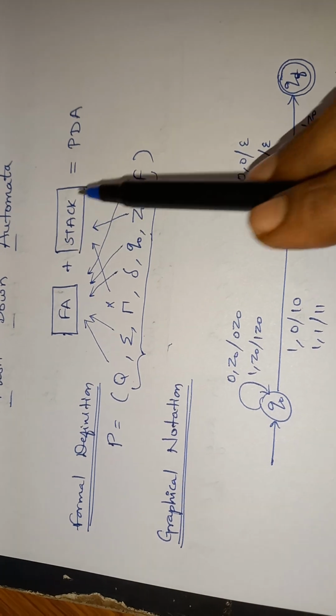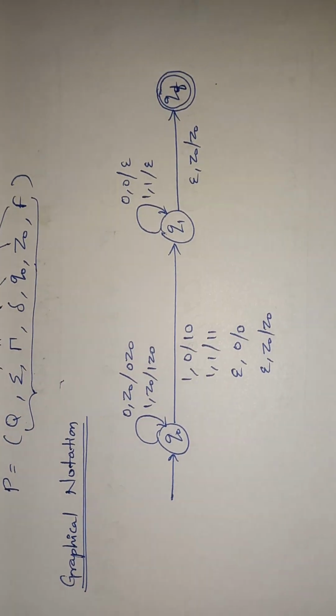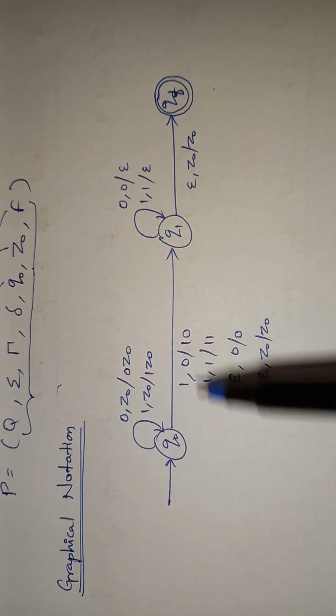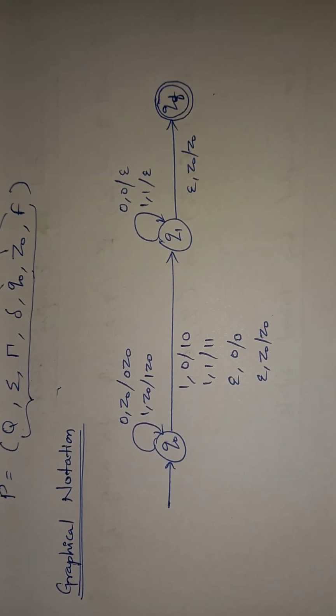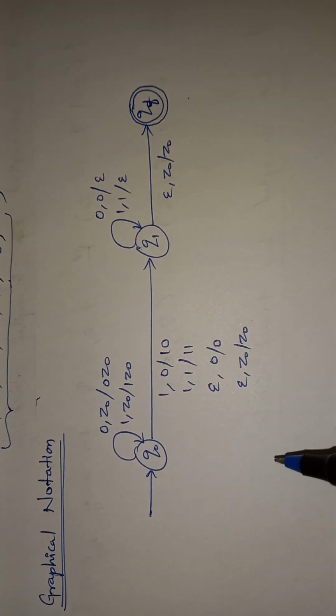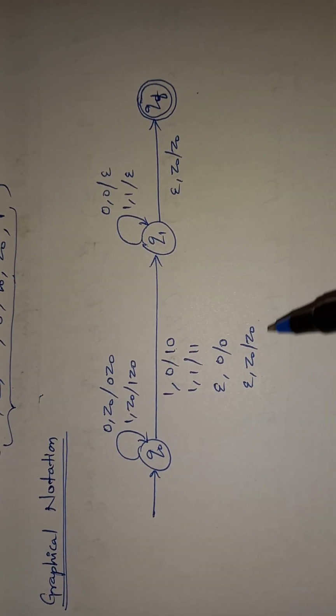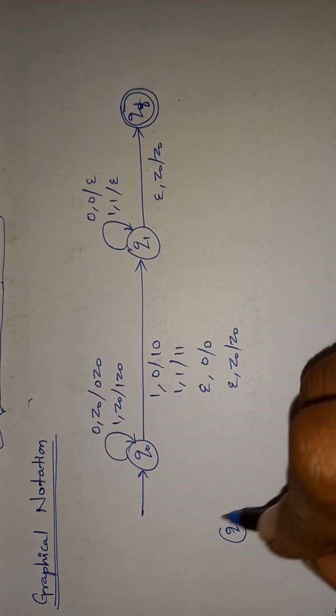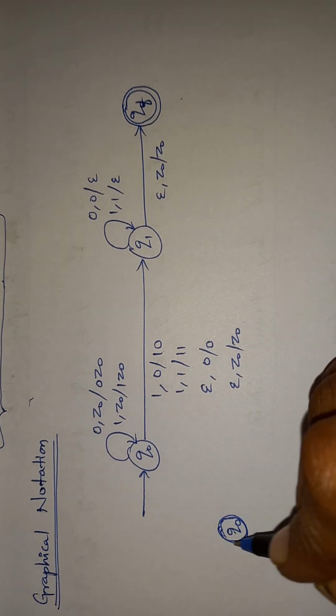This is the informal definition, this is the formal definition, and the diagrammatic representation of the PDA is called the graphical notation, where you have to give an example of a PDA like this, and then explain what each symbol is used for, right? The circle, right?